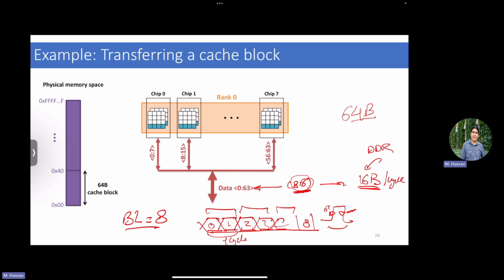So in other words, just to put the summary together, to determine how many cycles it takes: the burst length is 8, and that means there are 8 beats. How large is a beat? It's your data bus interface, so it's 8 bytes.